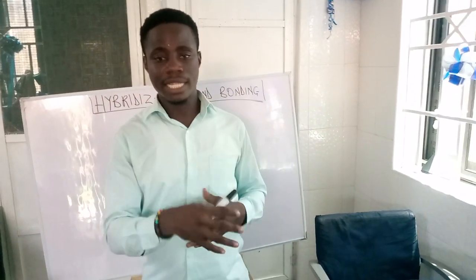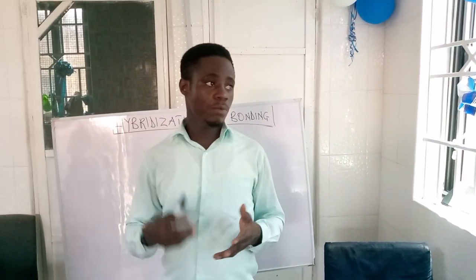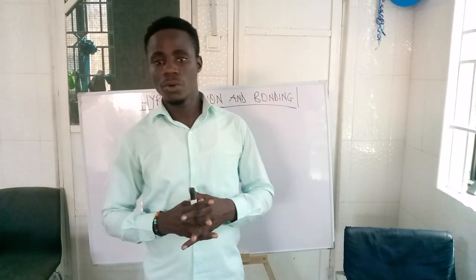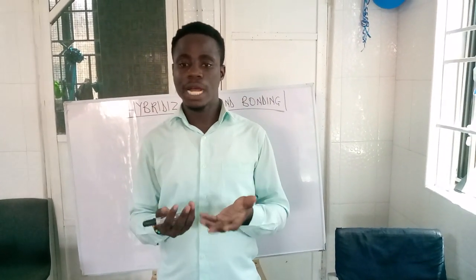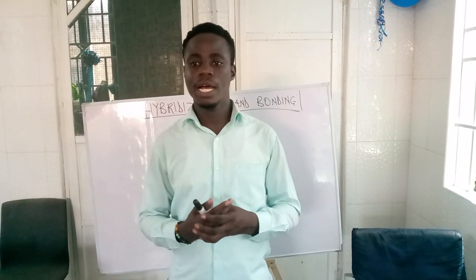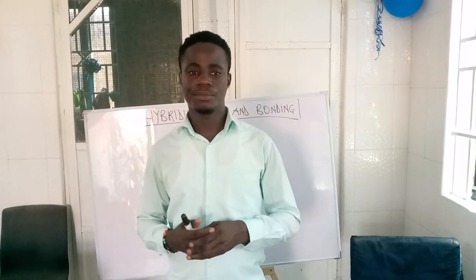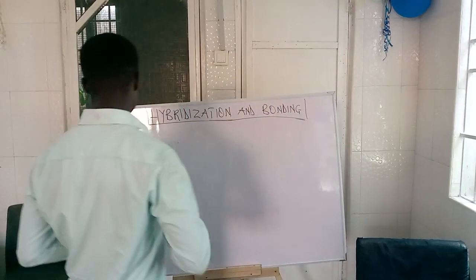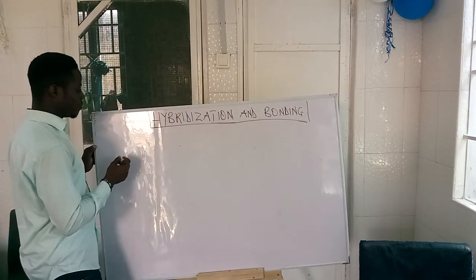There are so many simple ways you can use to know the exact type of hybridization in a molecule. In my previous video, we gave examples like water, H2O. We came out with a very simple trick to know the type of hybridization in water, and that of methane. So today, let's continue with the next molecule.